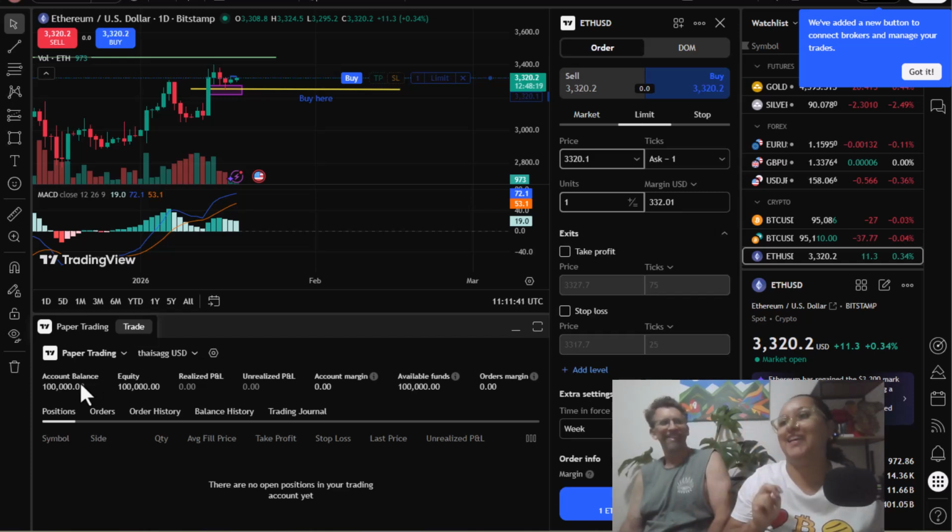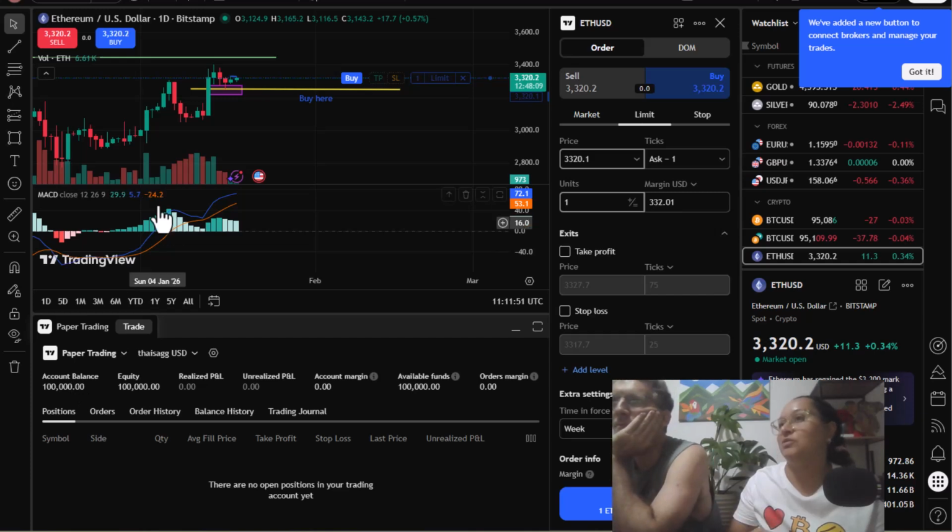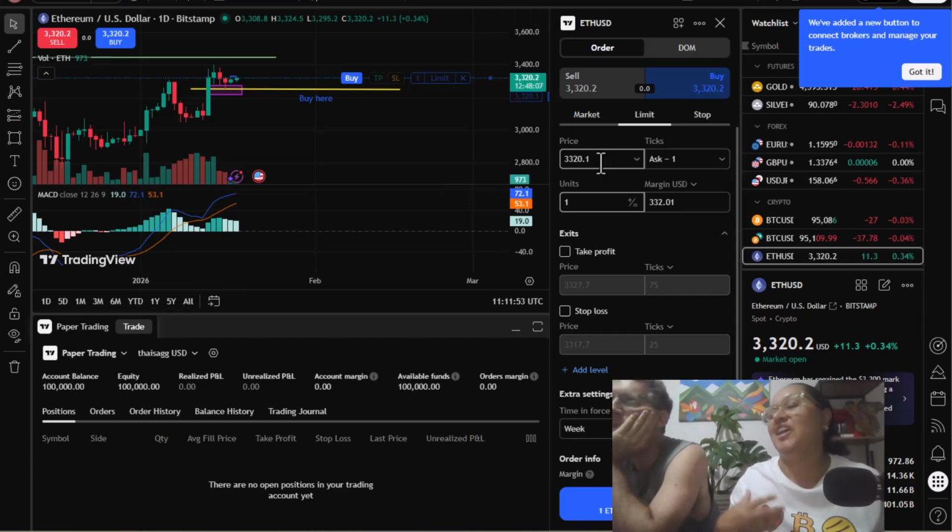Okay, so I would like to replicate here what I'm doing in real life. Just to see, because after I buy my first $100 in Ethereum, I don't know what I will do next. I don't know if I want to keep buying $100 every week until I have $1,000 and then buy another coin, or I should sell, or just buy $200.